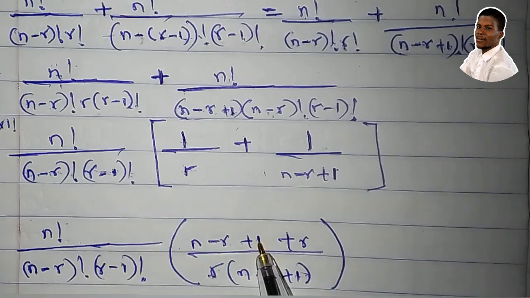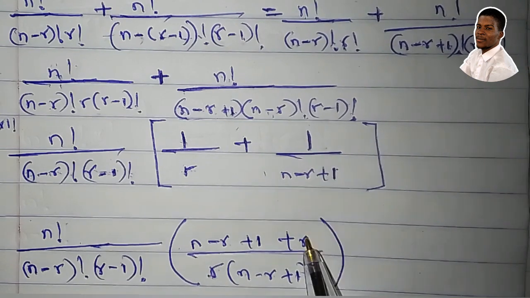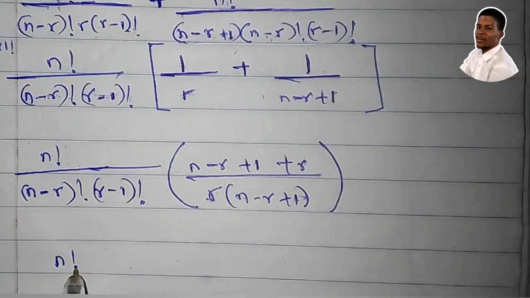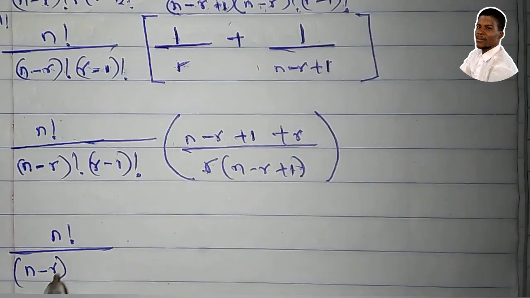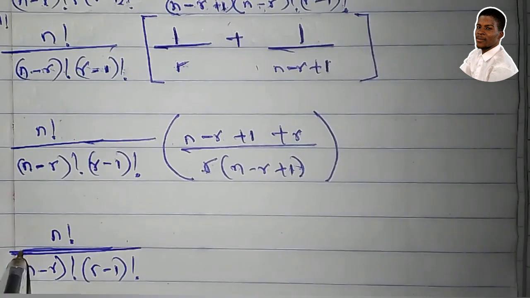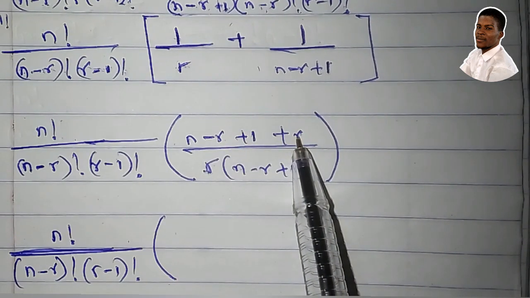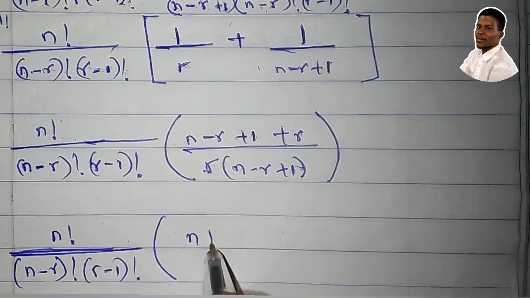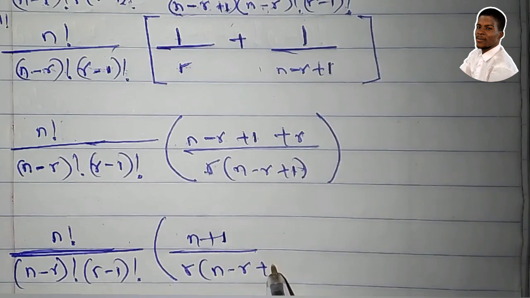That's n minus r plus 1. Divide the LCM again by this, we'll have r. r times 1 is r. Going further to simplify, we have n factorial all over (n minus r) factorial (r minus 1) factorial times, minus r plus r is 0, so that one is out. We'll be having just n plus 1 over r times (n minus r plus 1).